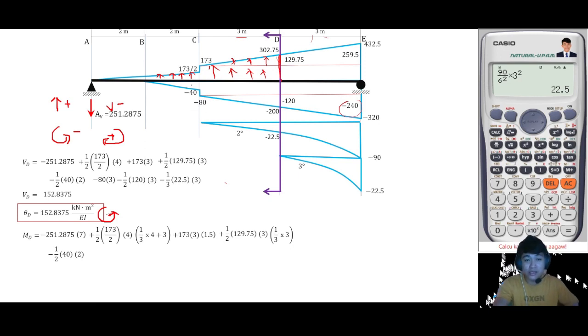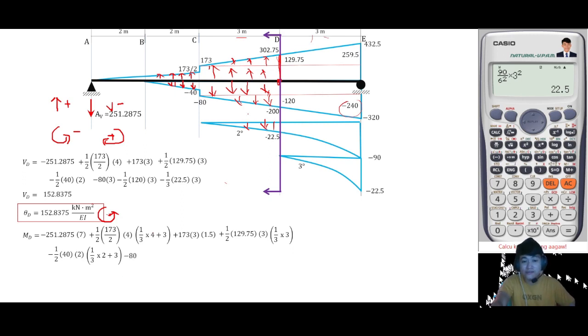This is downward forces. Taking moment about point D, downward forces will yield a counterclockwise rotation. So this triangle is negative since it will give a counterclockwise moment: negative 1/2 of 40 times 2 times the distance of 1/2 of 2 plus 3.